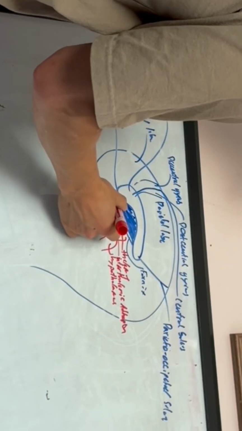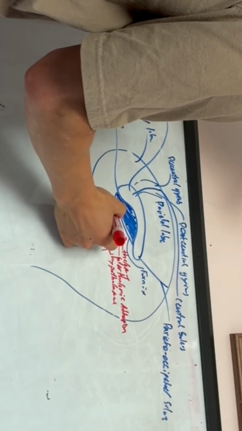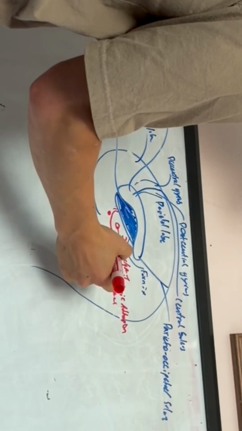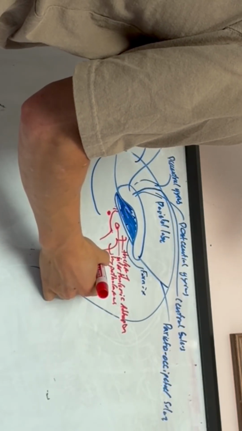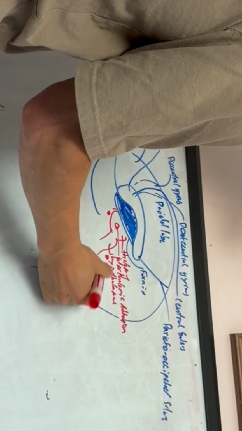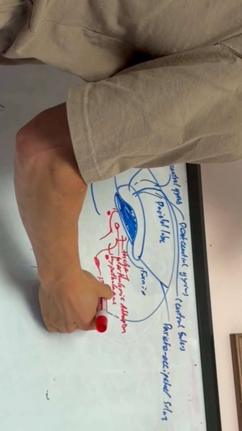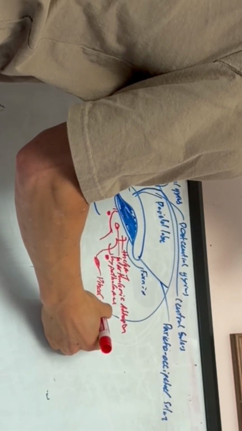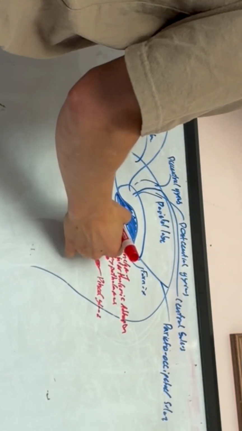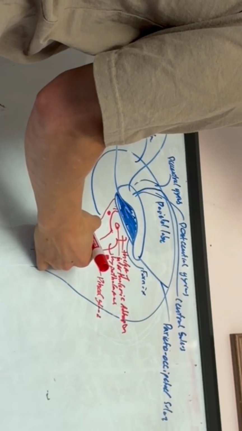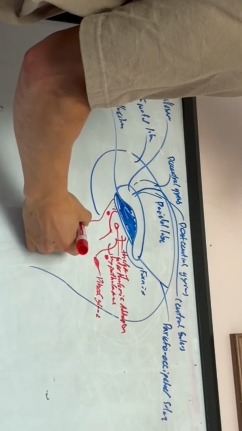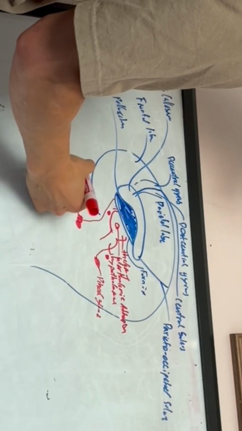And then we also have the anterior commissure and posterior commissure. And we have the pineal gland, and we have the anterior and posterior pituitary gland.